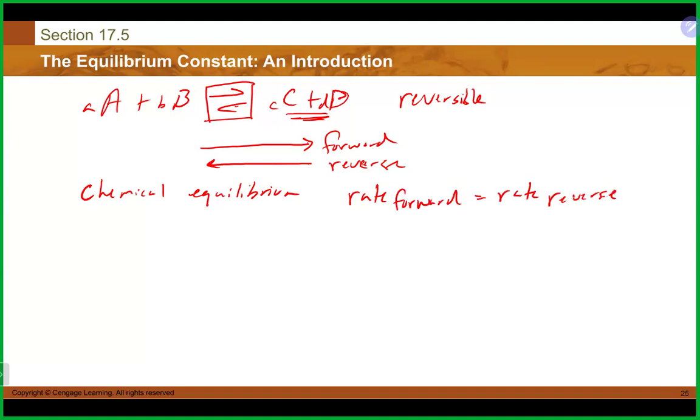So as we talked about last time, it doesn't necessarily mean that you have the same amount of everybody on each side of the arrows, but it does mean that the rate at which they are moving will equal each other. What that essentially does, when it reaches equilibrium, is lock everybody into place in terms of their concentrations. Whatever their concentrations are, once they reach equilibrium, they will basically maintain their concentrations, and it really will not change.